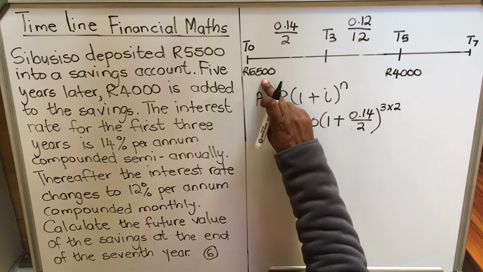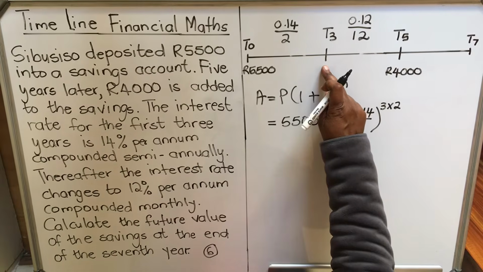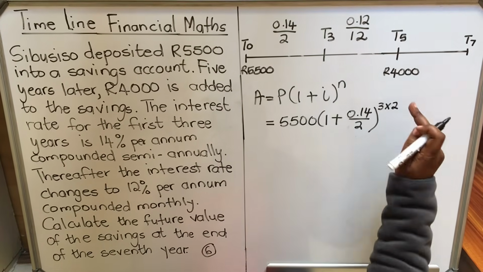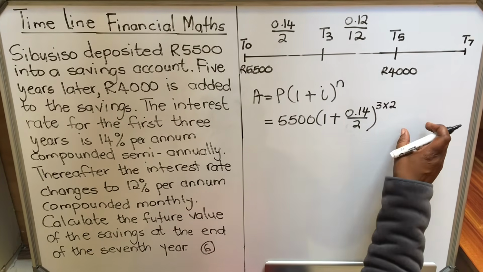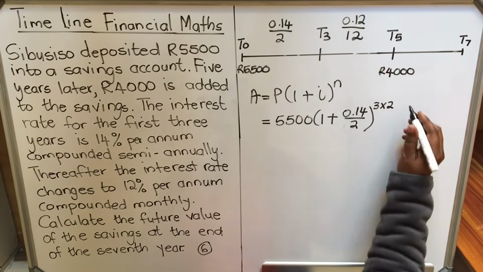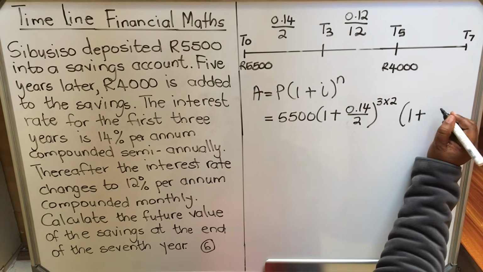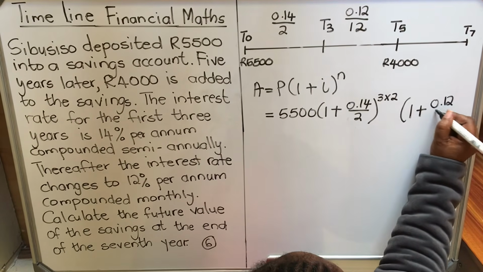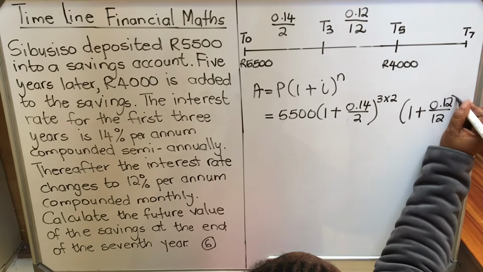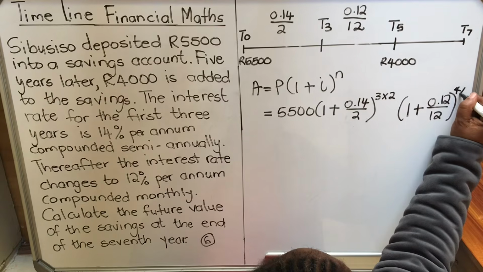But this money stayed in the bank for 7 years. After 3 years, the remaining 4 years, the interest was changed. So you need to write another bracket for the interest that was changed for the same amount. The other interest was 1 plus the interest is 0.12 divided by 12. And then how many years were left? It's 4 years multiplied by 12.